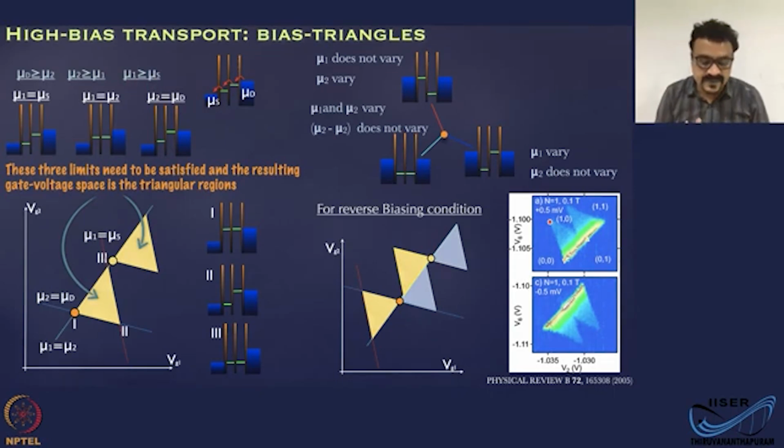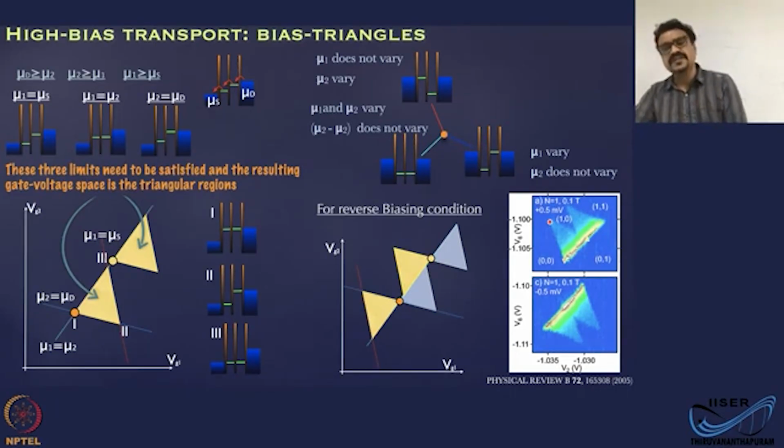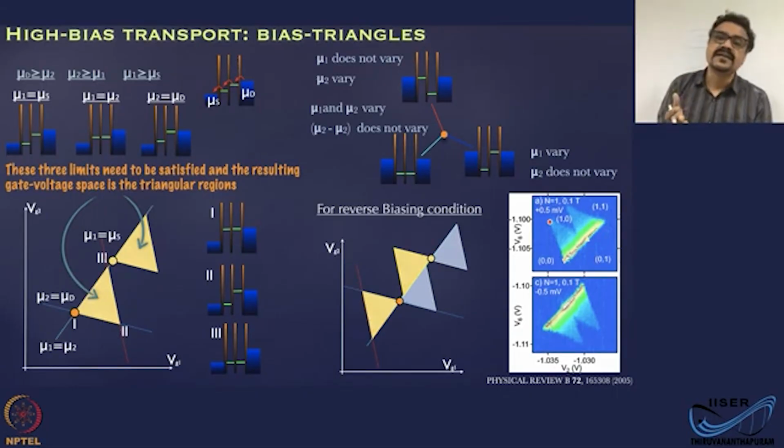And these are represented by these energy level diagrams here. These are three equalities. And we also learn that the directions in the charge stability diagram for a double dot represent certain energy level alignment with either the source or the drain or each other.